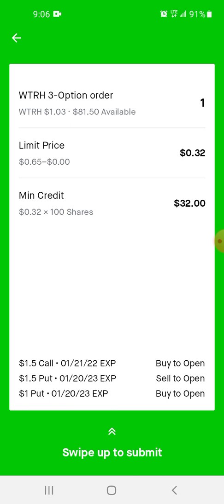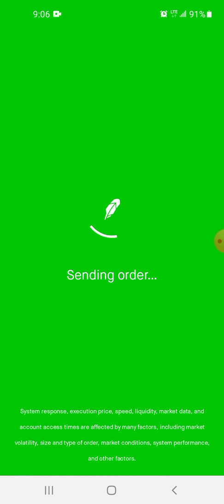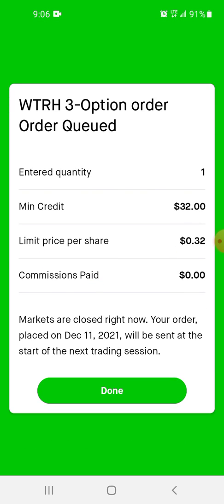And so there it is. Here's the deal. You can do a 3 option strategy, and if it goes up, there's options to roll it over. There's options to close out one leg or two legs, or to close out all three legs, or there's an option just to hold it till it expires.